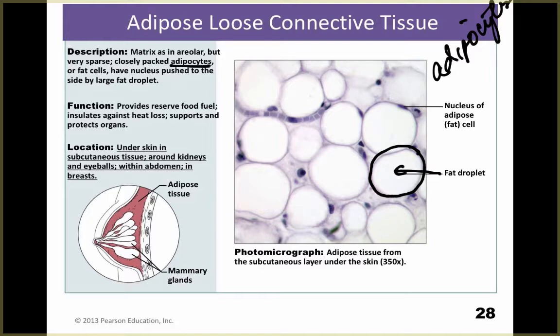And they're called loose because you can see there's a lot of areas between the cells. It helps to provide fuel reserves and insulation against heat loss, and it helps to protect organs. So think of your fat that you generate on your hips or around your organs. You can find it subcutaneously, which is right under the skin, around the kidneys and eyeballs, in the abdomen, and in the breast.